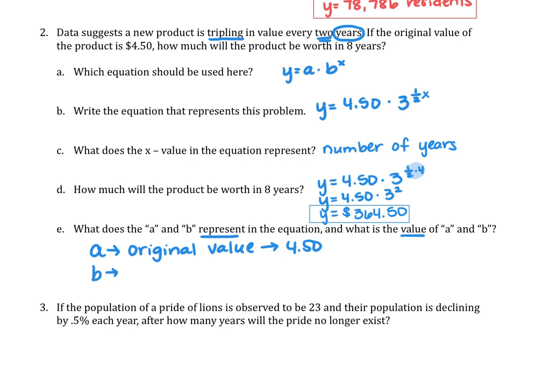B represents the rate of change, which remember is tripling. So that would be a value of 3. Just so you understand, what it represents would be the original value or the rate of change, tripling. And the value is actually a numerical number.